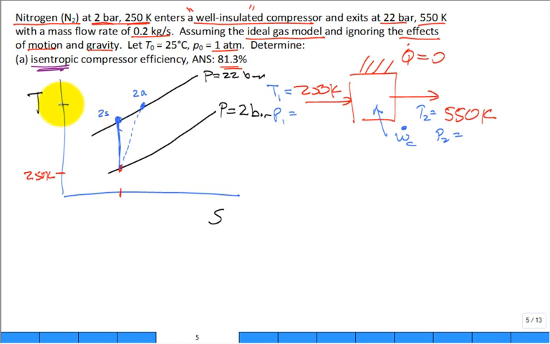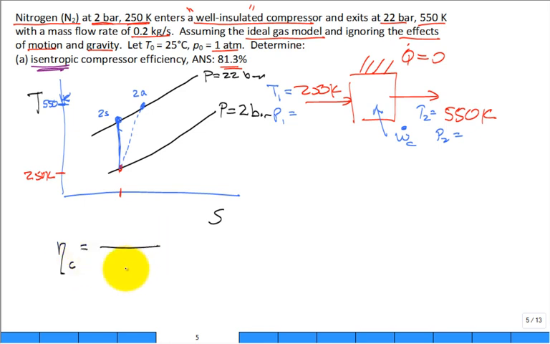Let's come over here. What is our temperature on the actual exit of that compressor? 550 Kelvin. So, if I need to calculate this isentropic compressor efficiency, how am I going to do it? We go back and review what is our isentropic compressor equation.